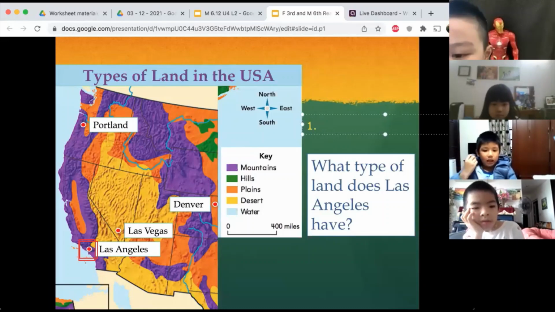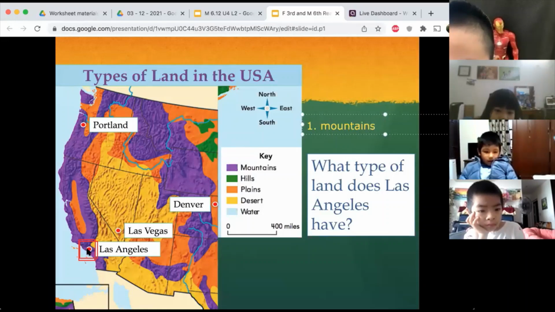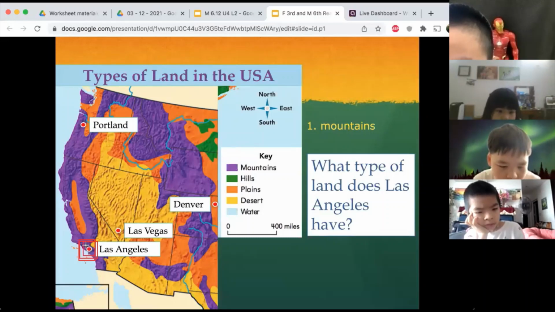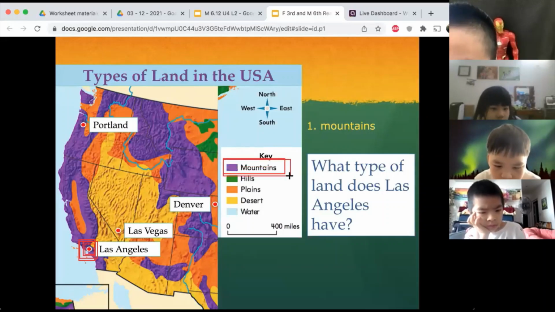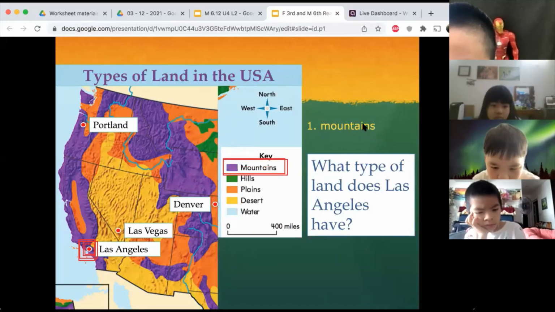Just mountains, right? The little red dot is in the mountains. So if we look here, Los Angeles is in the purple, which means it's in the mountains. Number 1 is mountains. Any questions?